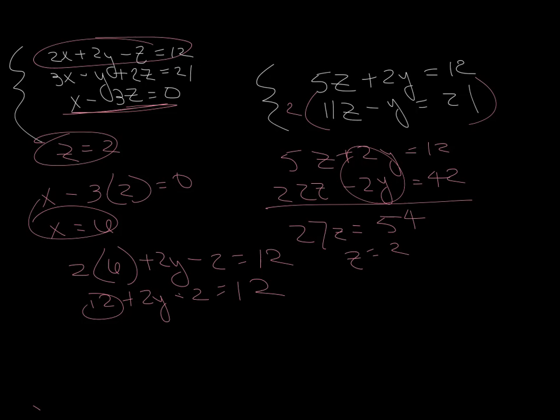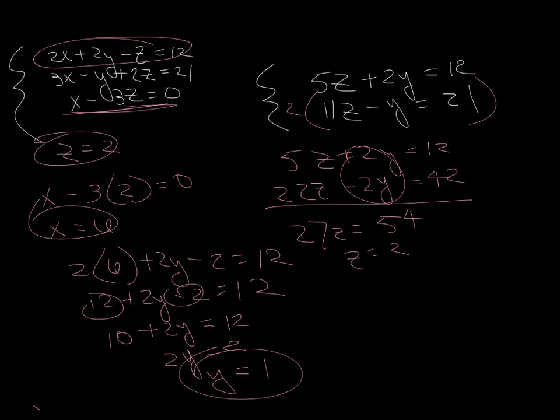Okay, 12 and negative 2 is 10. Subtract 10 from both sides. And y then equals 1. So y equals 1. X equals 6. Z equals 2.